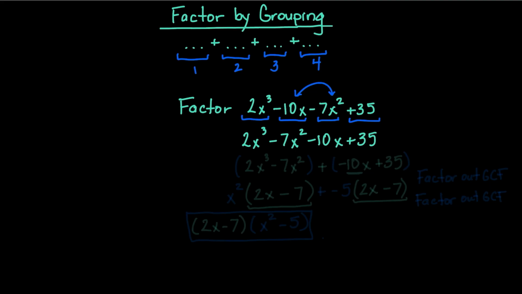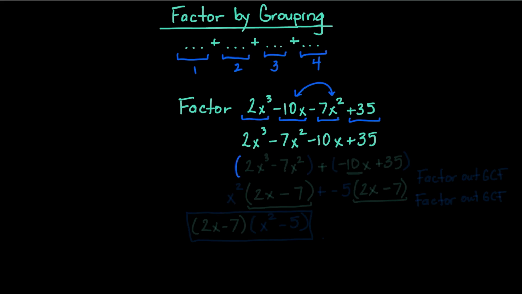Okay, I checked for a GCF, but 7 is a prime number, and then I'm left with 2, 10, and 35. So there's no GCF. These are all relatively prime. So we can start by immediately factoring by grouping.